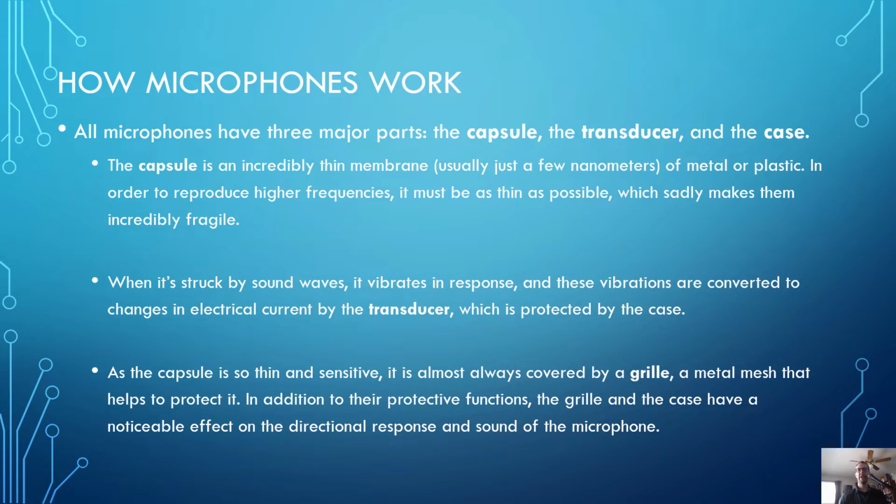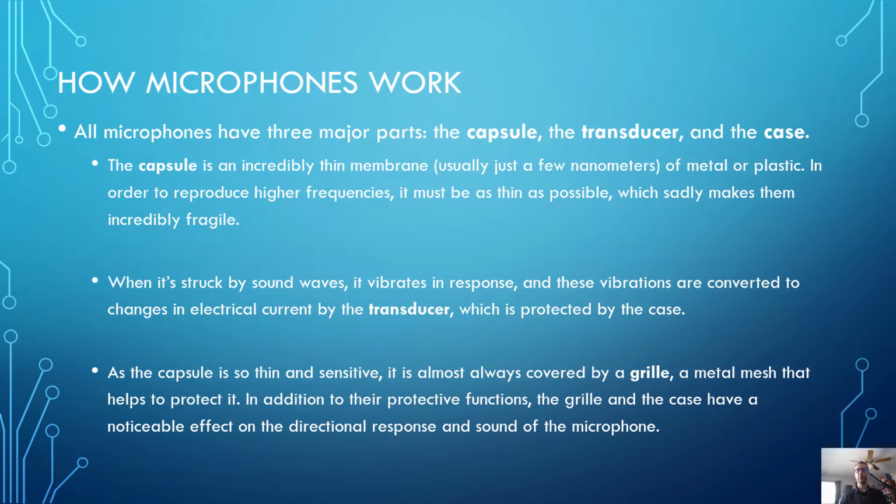Unfortunately, this makes them incredibly fragile. But when the capsule is struck by sound waves, it vibrates in response, and these vibrations are converted to changes in electrical current by the transducer, which is protected by the case.